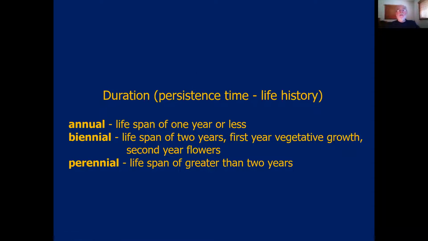Some plants are incredibly short-lived, while other plants are long-lived. Same story, really, as happens with different animal species. Some insects are incredibly ephemeral. They live for a very short period of time, while other animals can live for very long periods of time.